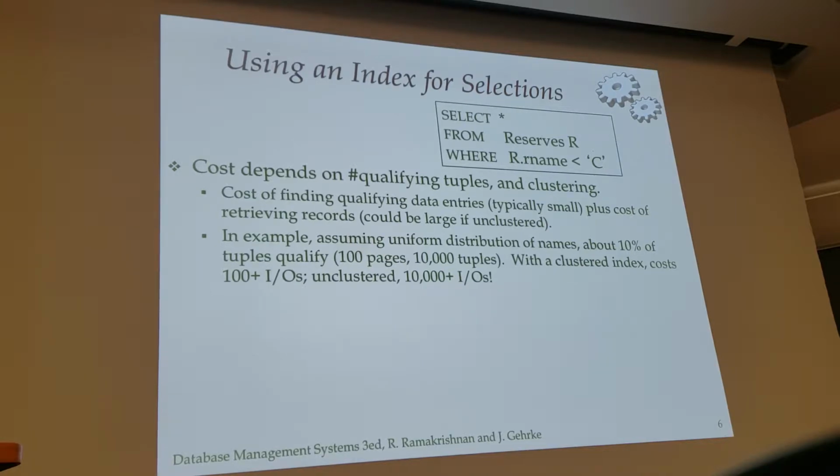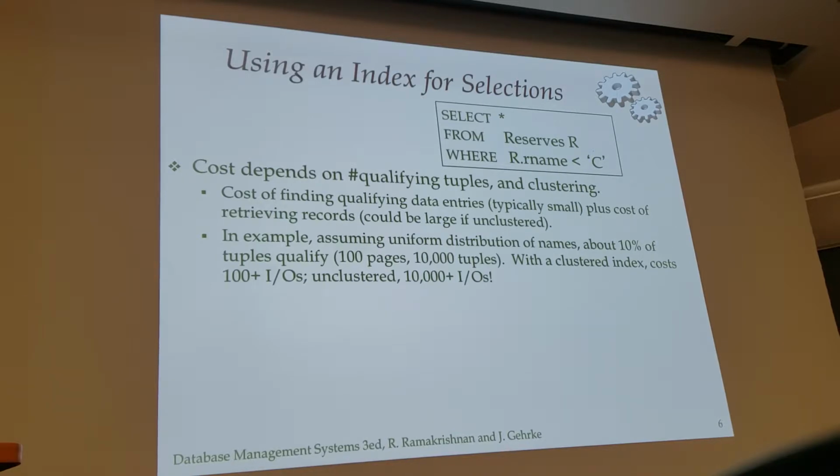Well, again, we're making this naive assumption, and we'll talk about relaxing it later in the course, that if there are 20 letters in our slightly demented alphabet, everything which is less than C has to begin with either A or B. If we assume uniform distribution, which is as good a stupid assumption as any, since you have to guess anyway, you've got 2 out of 20 letters, so we'll assume that 1/10 of the tuples end up qualifying.